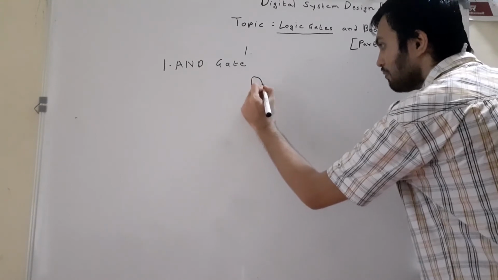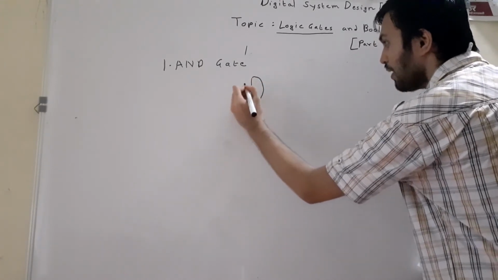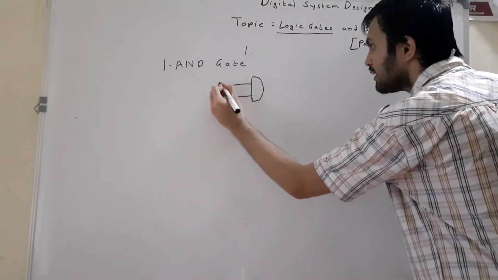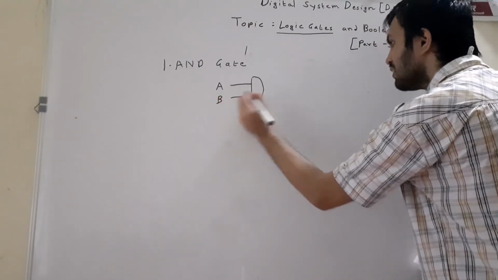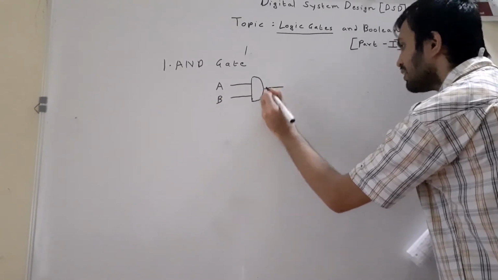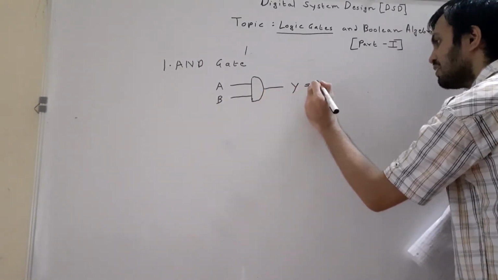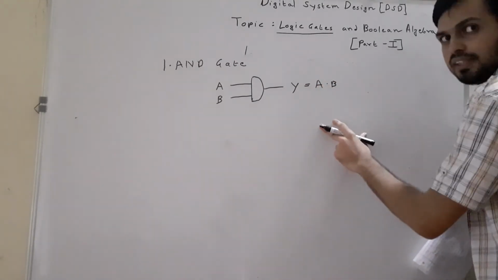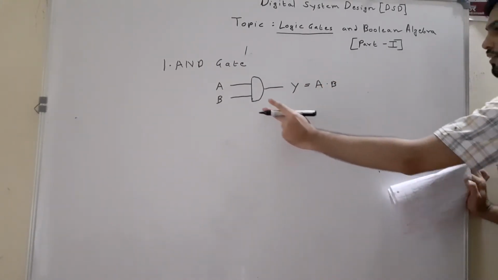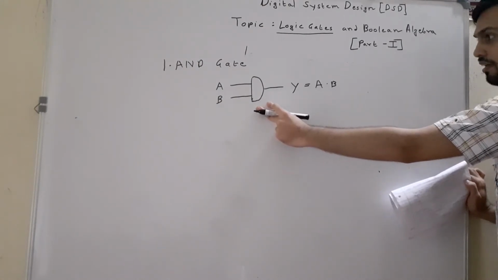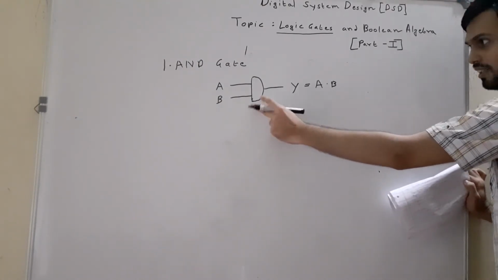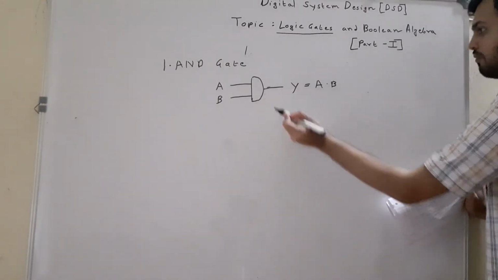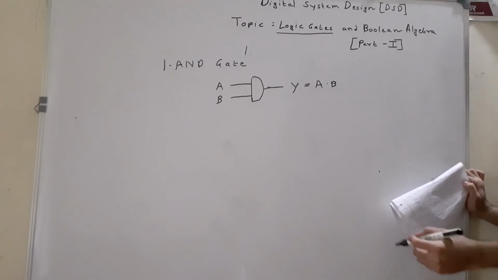This is how we represent a two input AND gate. As you can see, this is the symbol of AND gate. You will represent AND gate in this manner using this symbol while drawing or designing digital circuits.